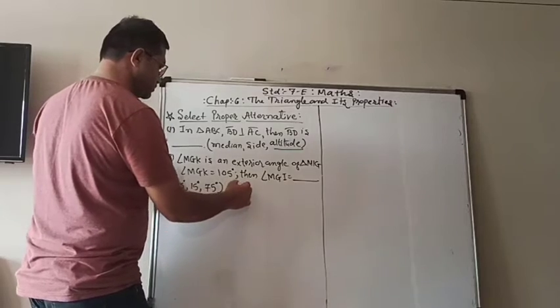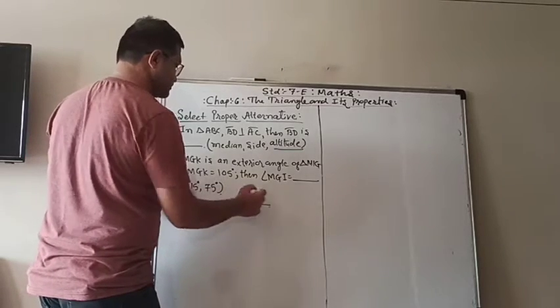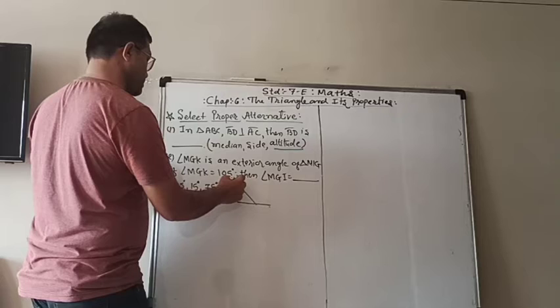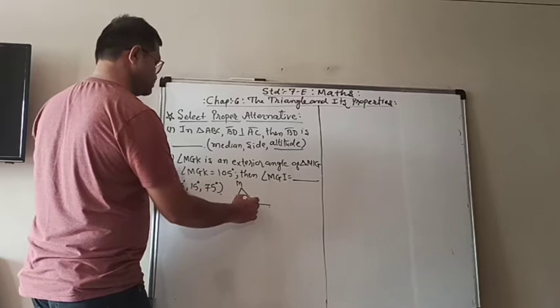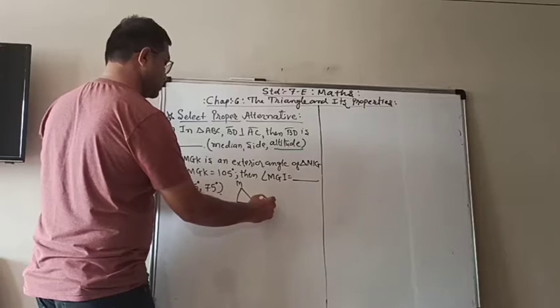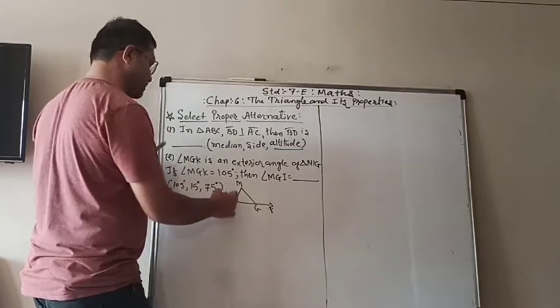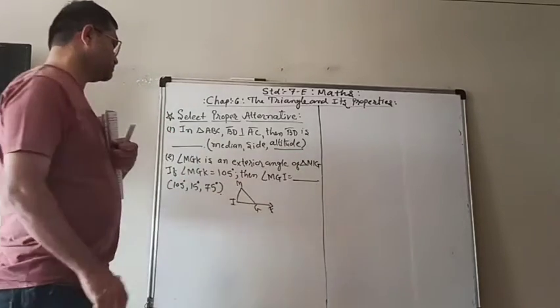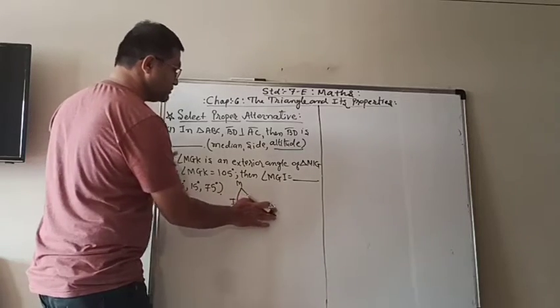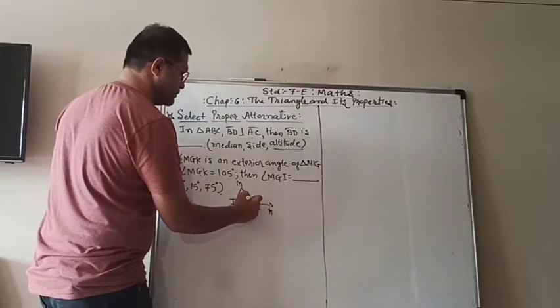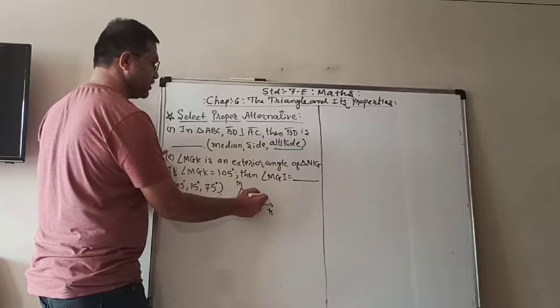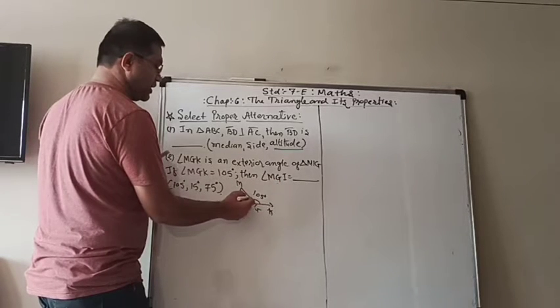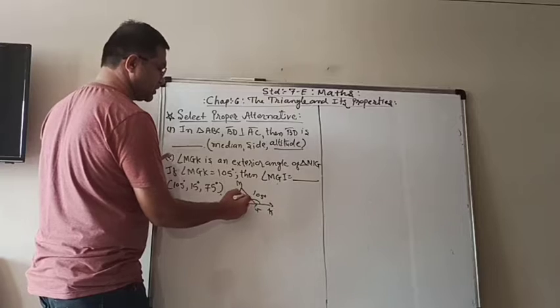Now we know that MGK is the exterior angle of triangle MIG. Here angle MGK, this angle, is 105 degree, and we have to find MGI, this angle.